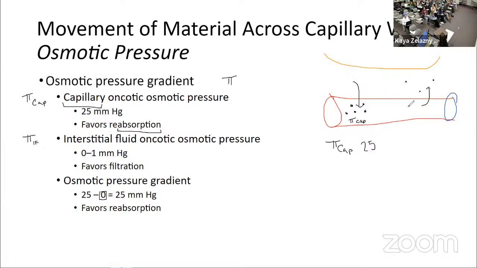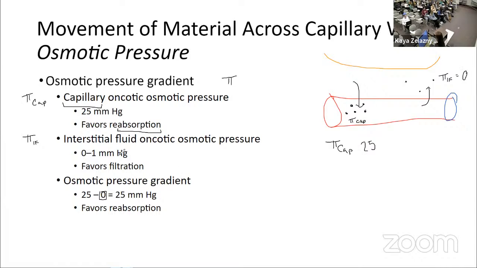Right? So there is a theoretical pull of those dissolved proteins in the interstitial fluid towards them. So anytime we draw an arrow from the blood towards the tissue, that's our filtration direction. Okay. So we would say that our interstitial fluid osmotic oncotic pressure, which is abbreviated pi IF, is equal to, here we put 0, right?